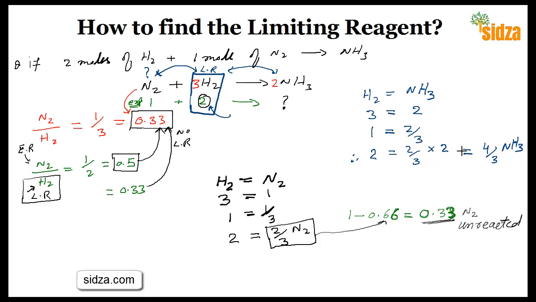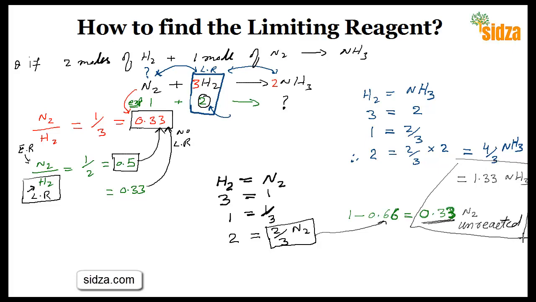So you can expect that after you react 1 mole of nitrogen with 2 moles of hydrogen, at the end of a reaction you will have 4 by 3 moles of ammonia, which is actually 1.333 moles of ammonia. This is what you expect at the end of a reaction. In the reaction mixture, you will have only these two things at the end of a reaction.